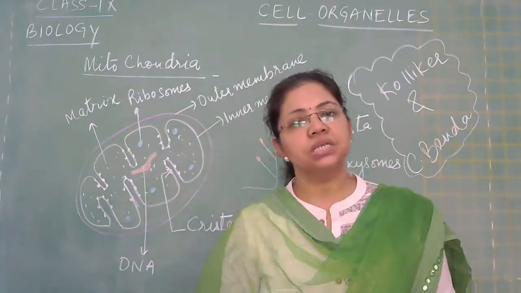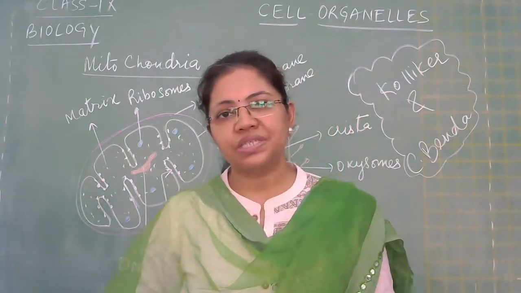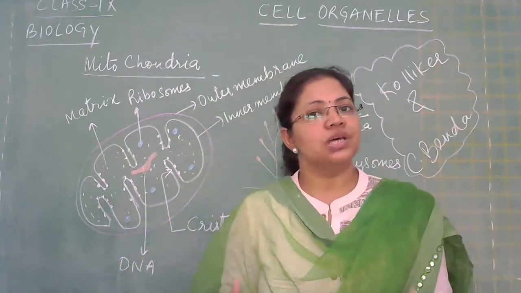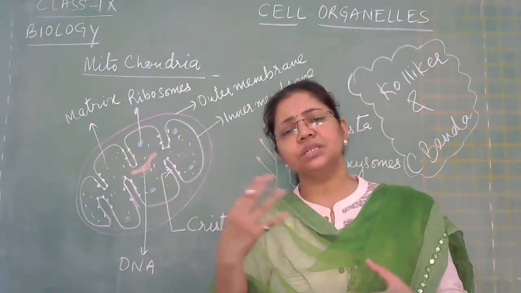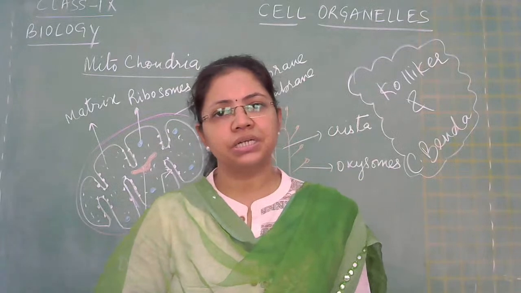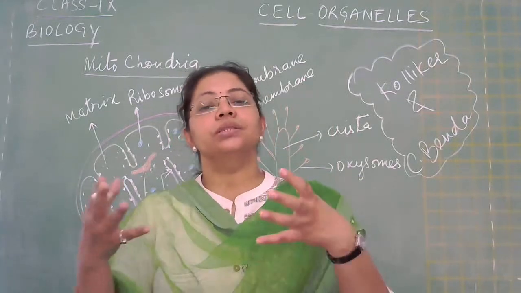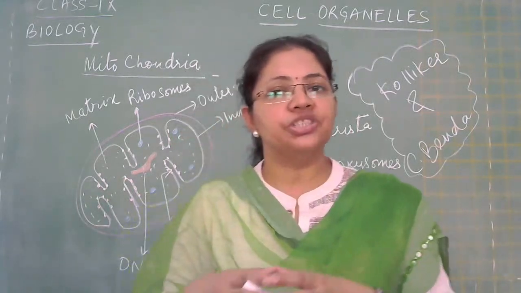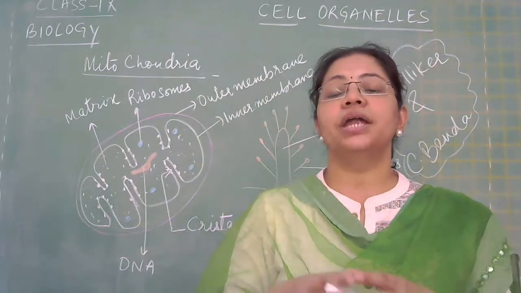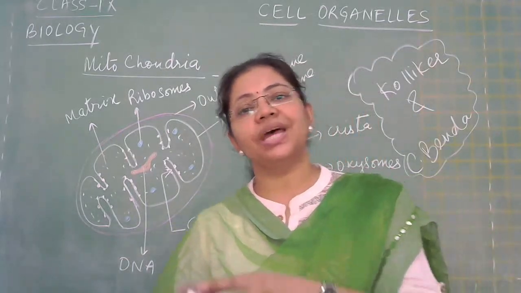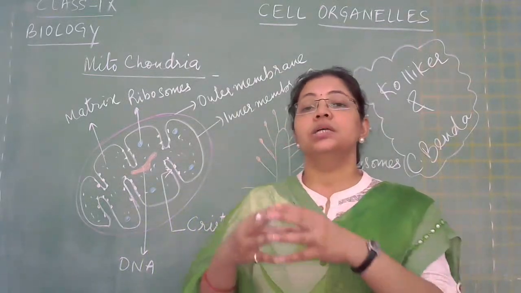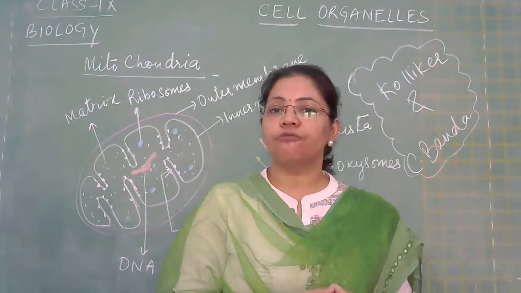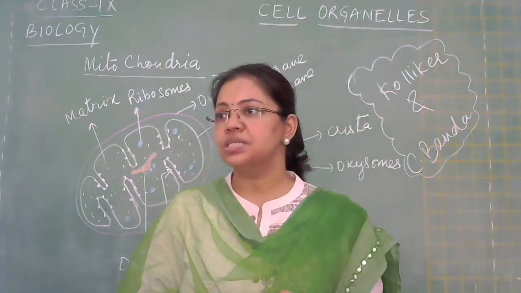That's quite obvious because on its surface what are present? Ribosomes, and ribosomes are nothing but the protein making factories, right? Then we discussed Golgi apparatus. There we came to know that the Golgi apparatus is the packaging house of the cell. And then at the end of the lecture I discussed lysosomes. Yes, the suicidal bags of a cell, right students?